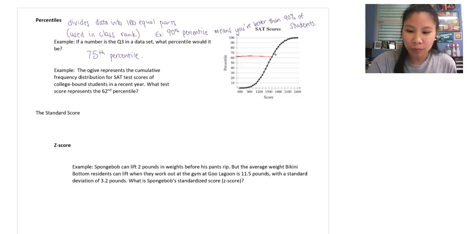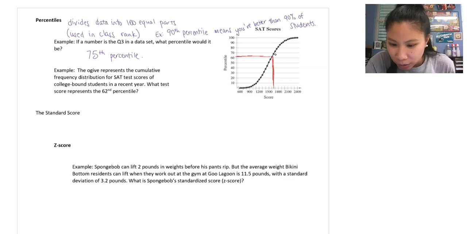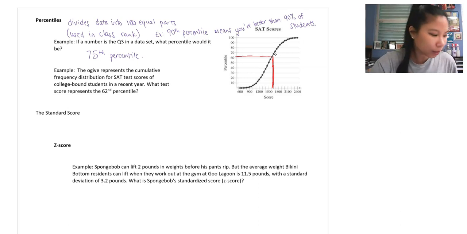So when you read it, wherever that 62nd percentile meets the graph, that'll also match up with the score. So it looks like about, hard to read, maybe like 1600 or something.